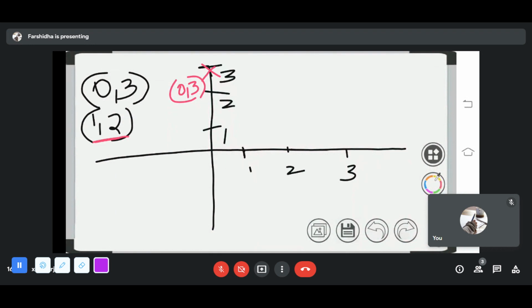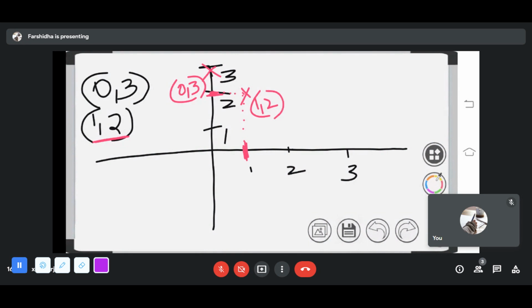Next point is 1, 2: 1 on the x-axis, 2 on the y-axis.